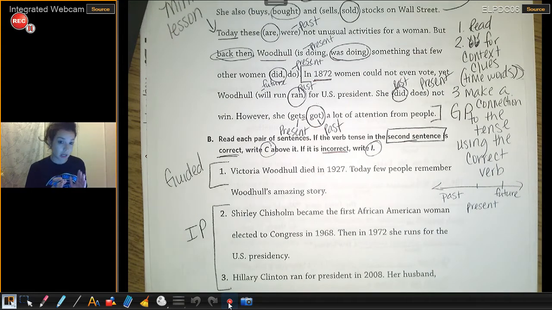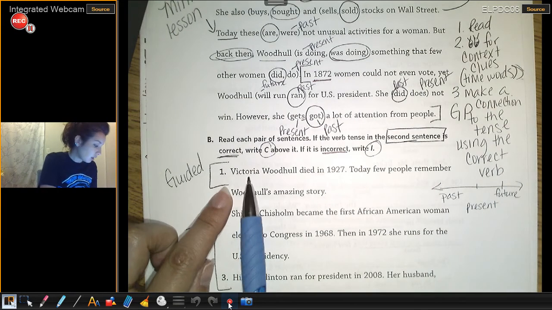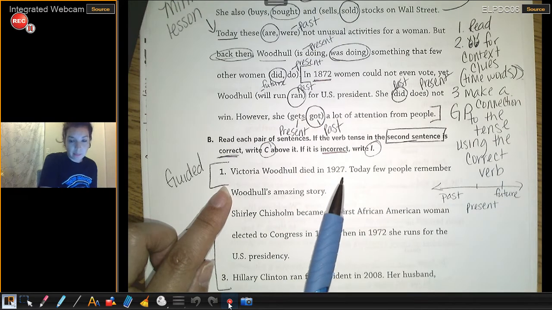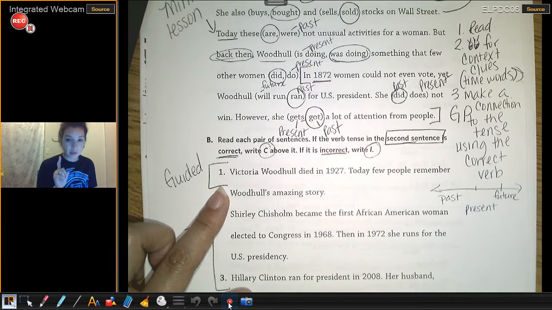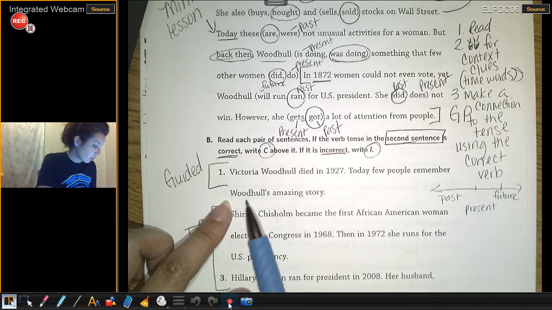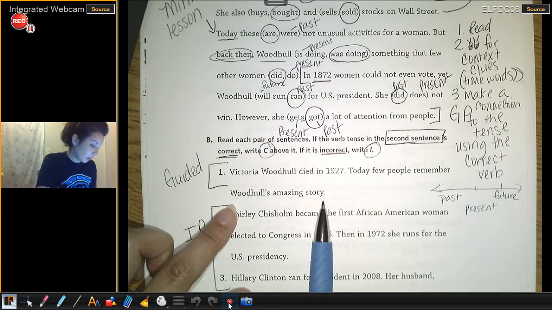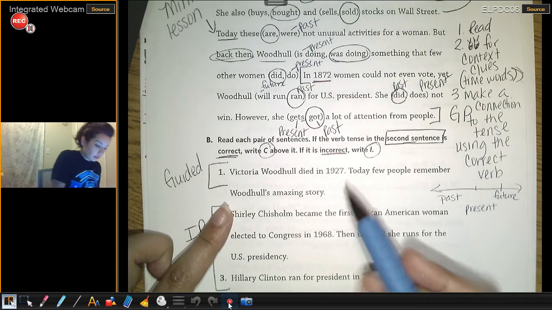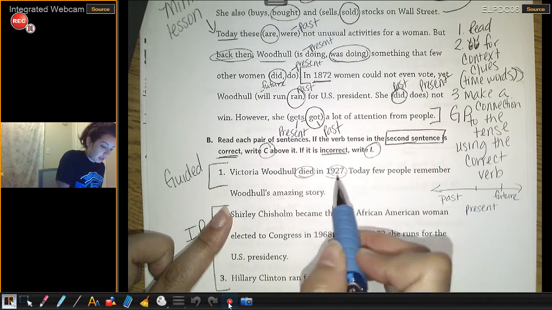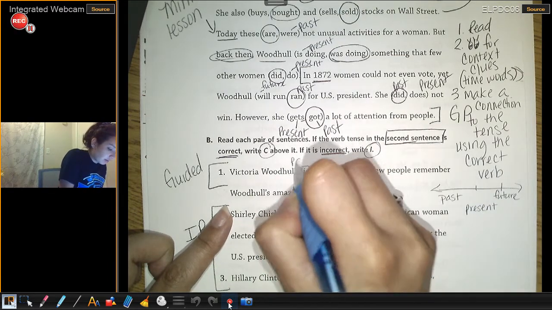Okay, let's read it together though. Okay, ready? Victoria Woodhull died in 1927. All right. It says here, today few people remember Woodhull's amazing story. So this one is happening in the past, right? Because I have that ED, I have 1927.